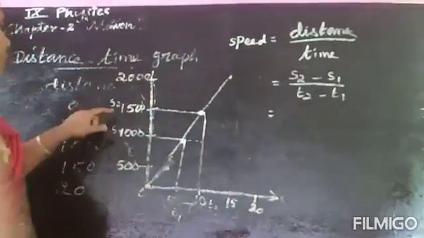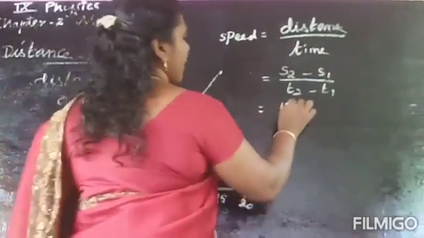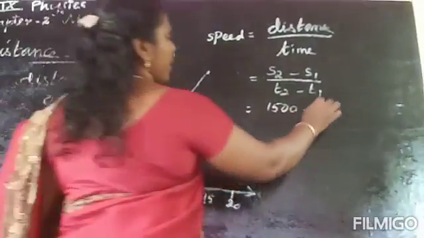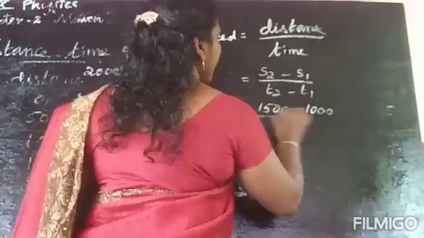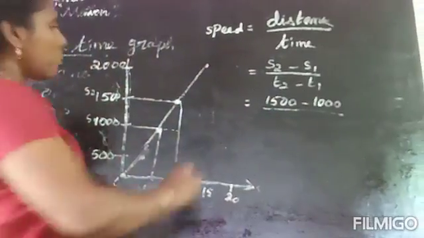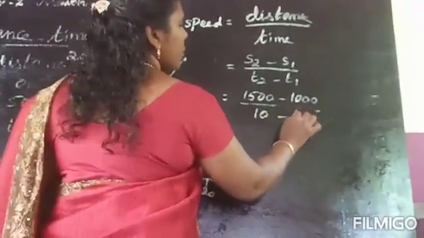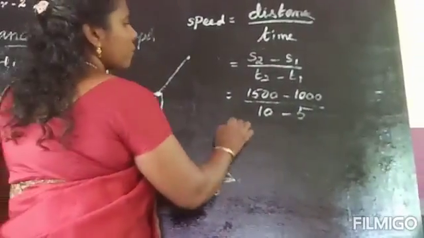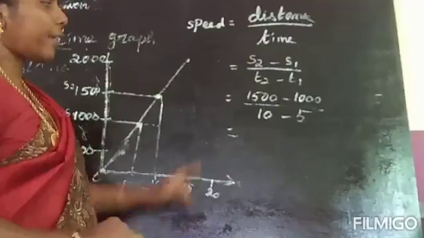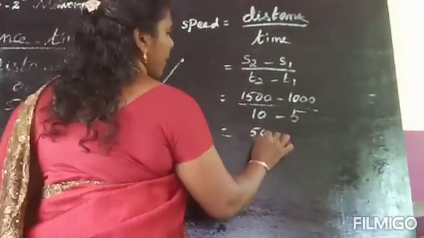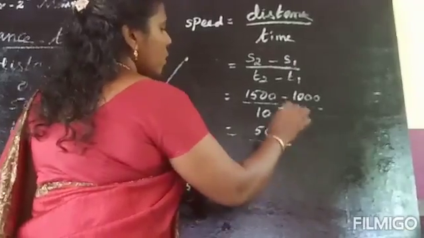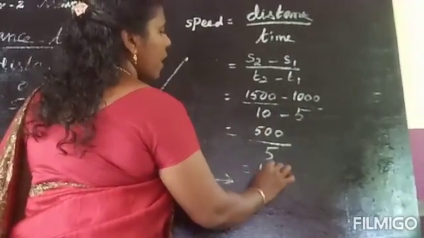What is the value of S2? 1500. Minus S1, 1000, divided by T2, 10, minus T1, 5. Subtract 1500 minus 1000, you get 500 divided by 10 minus 5, which is 5. So you get 100.